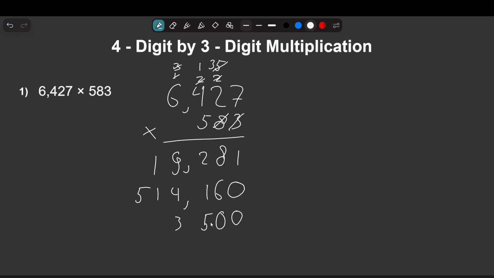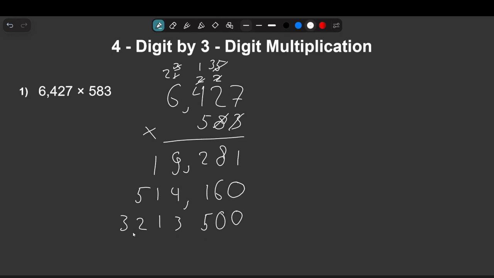Now we're going to do 5 times 4. 5 times 4 equals 20, plus 1 equals 21. So we're going to write down the 1 here and carry over the 2. Now we're going to do 5 times 6. 5 times 6 equals 30, plus the 2 right here equals 32. So we're writing down the 2 right here. And again, we don't have anywhere to carry over the 3, so we just write it down here.